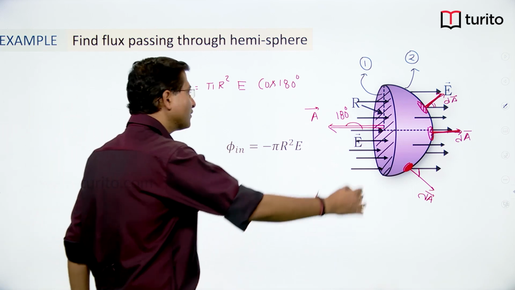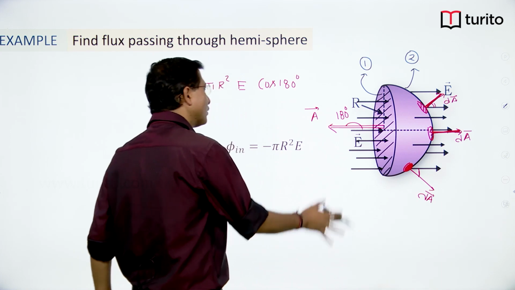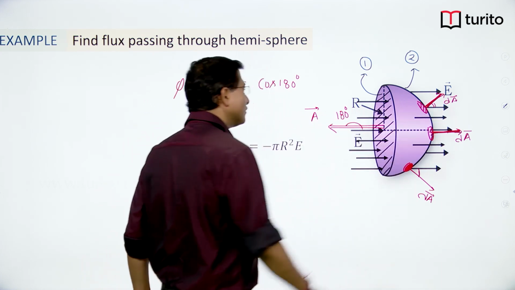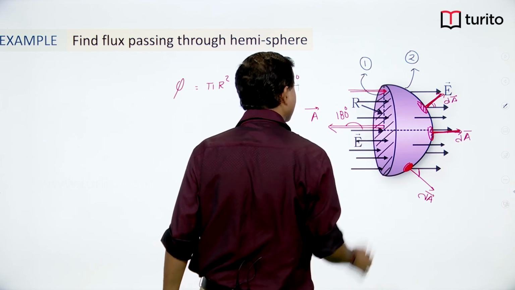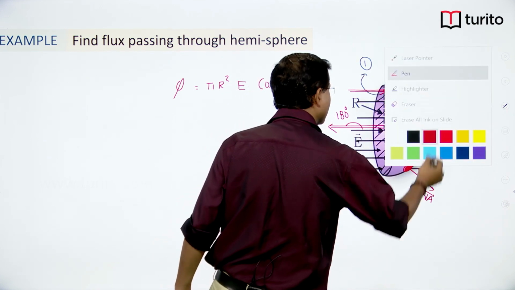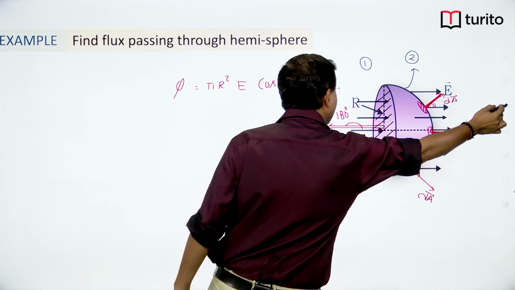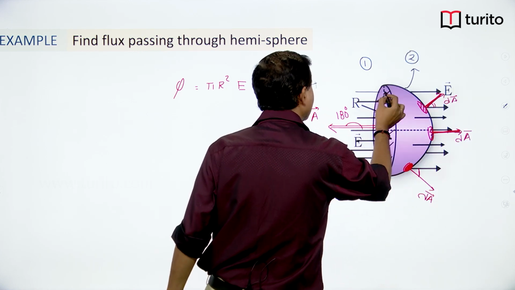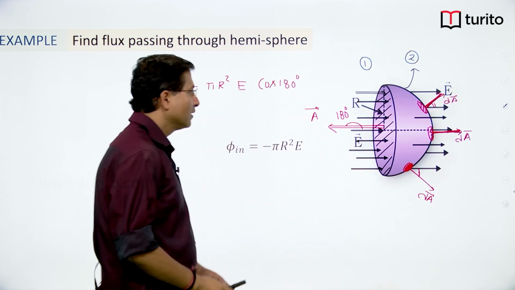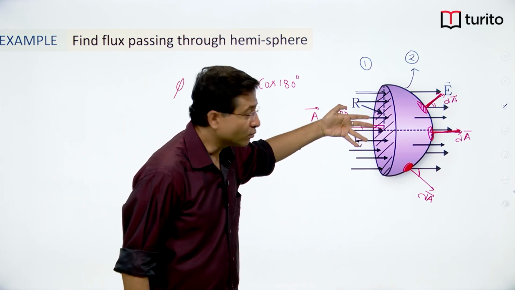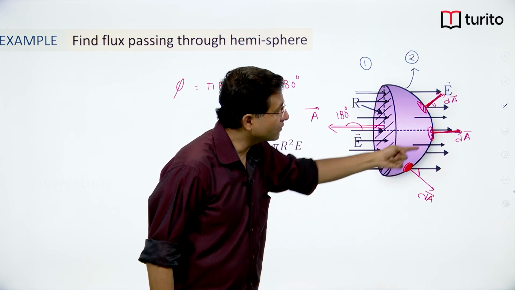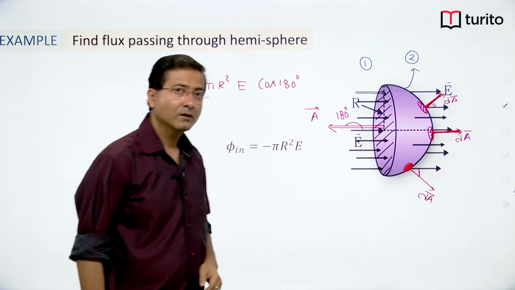Now, for this curved surface, if I want to find out area, whatever getting in, that is only coming out. All the lines what are getting into the hemisphere, those lines are coming out of this curved surface.